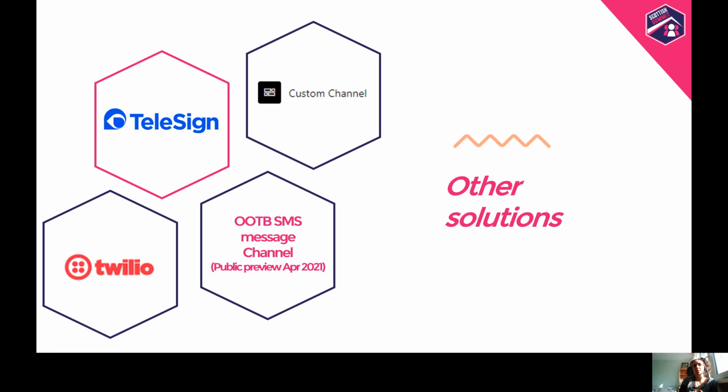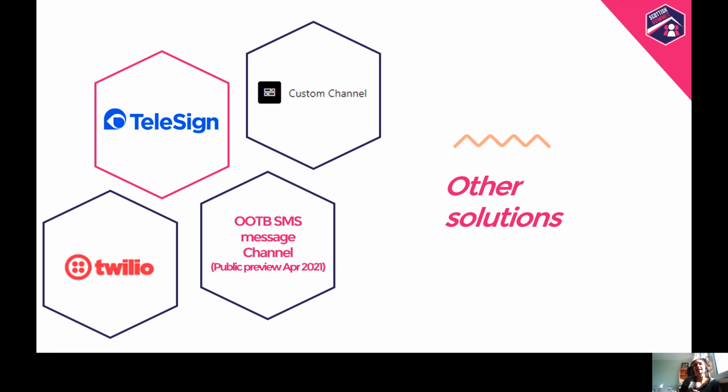Custom channel, we can create as many custom channels as we want, and that can trigger a Power Automate, which means at that point the options are endless, because any text message provider that has a connector for Power Automate, or even an open API where we can write our own custom connector, becomes an option.